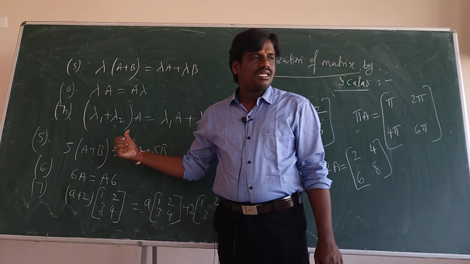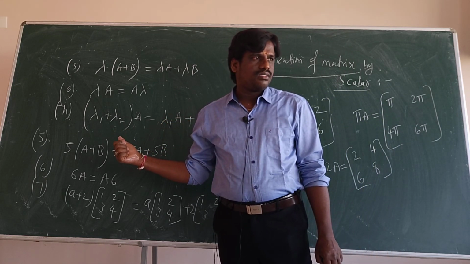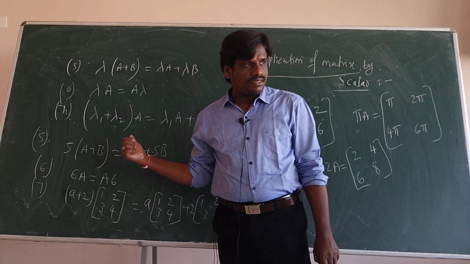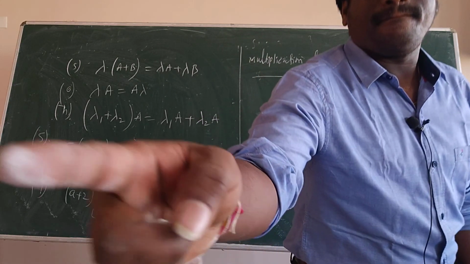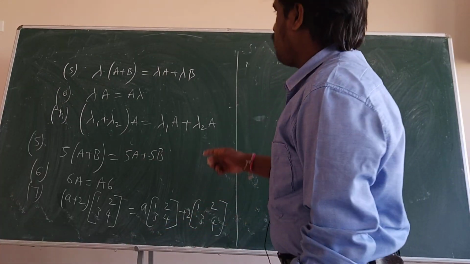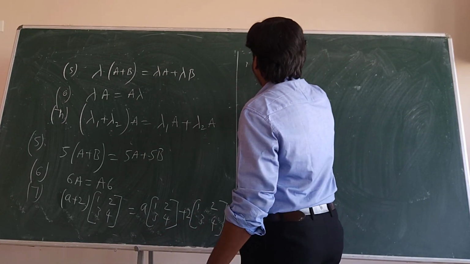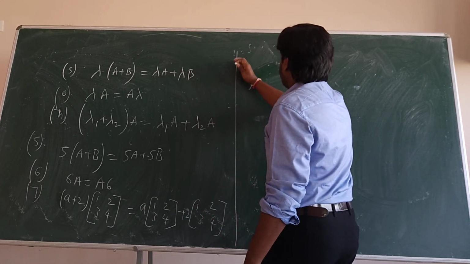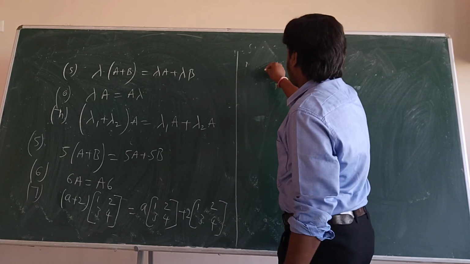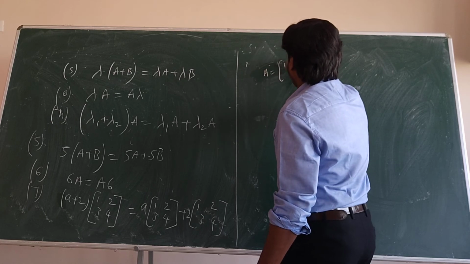See, if you do not understand, I will give an example. Should I give an example? Yes. See, what is the meaning of this? Suppose 2 into A plus B is there. Suppose you have two matrices. A is one matrix, 1 2 3 4.